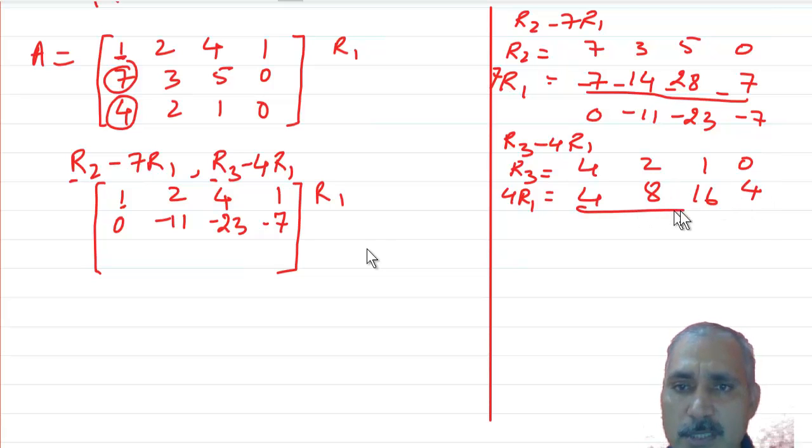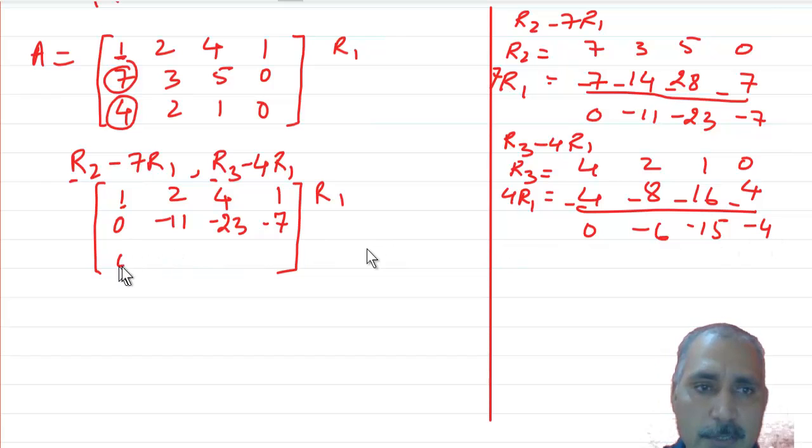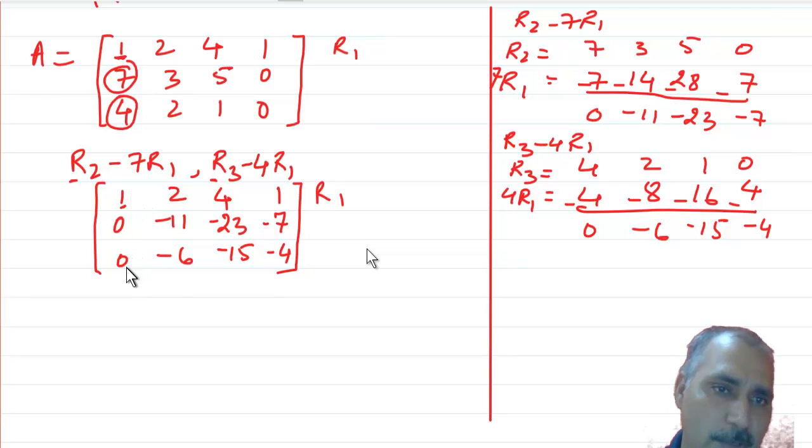Let us do the subtraction, change the sign. 4 minus 4 is 0, 2 minus 8 is minus 6, 1 minus 16 is minus 15, and minus 4. Let us write that here: 0, minus 6, minus 15 and minus 4. Now we have done the job of column number 1.